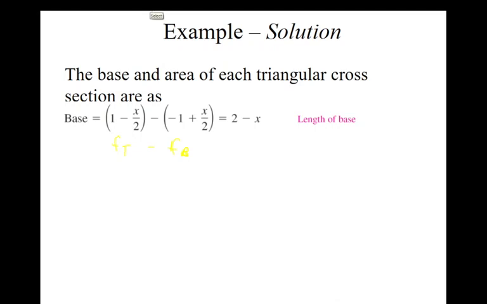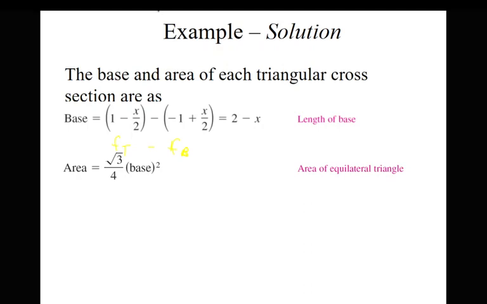Okay? That's the length of my base. So the length of my base is 2 minus x. That means the area of my equilateral triangle, this is the equation of an equilateral triangle's area, is root 3 over 4 times the base squared. So the length of this base right here will create the area for one of my equilateral triangles.